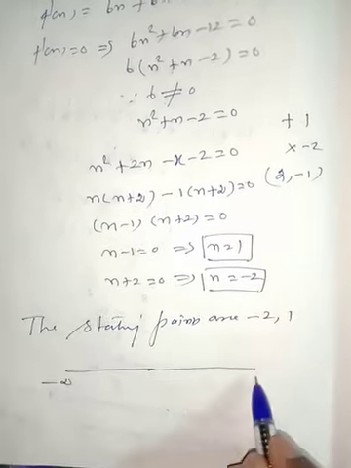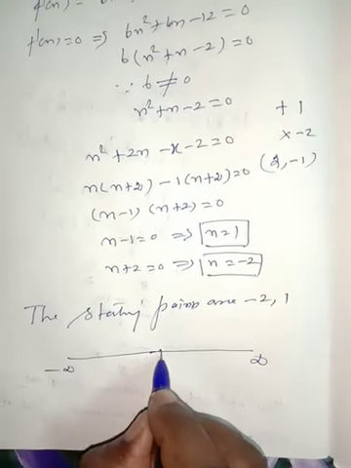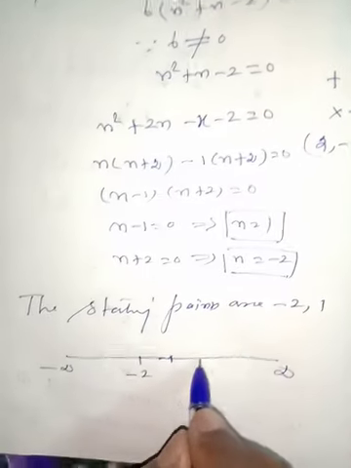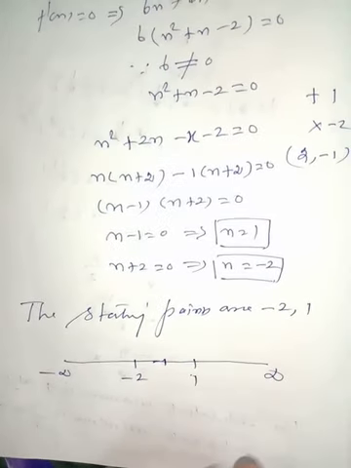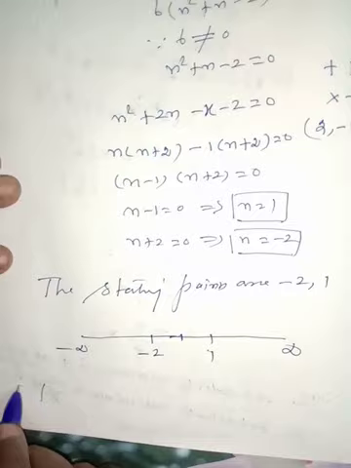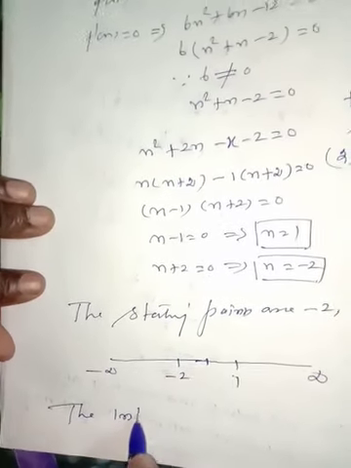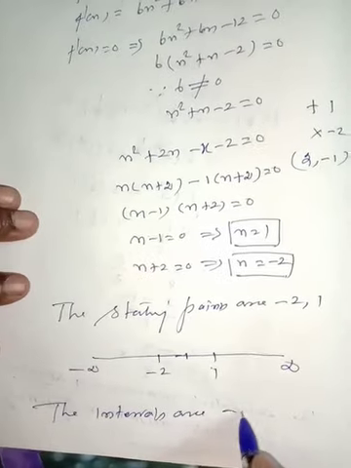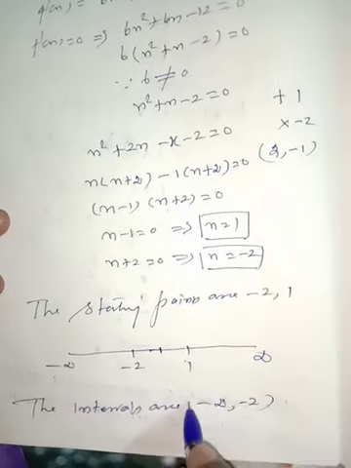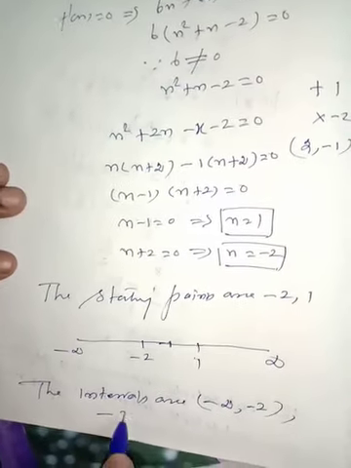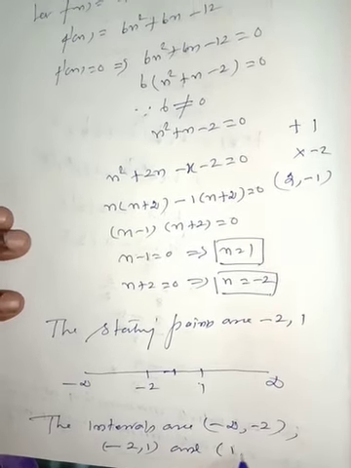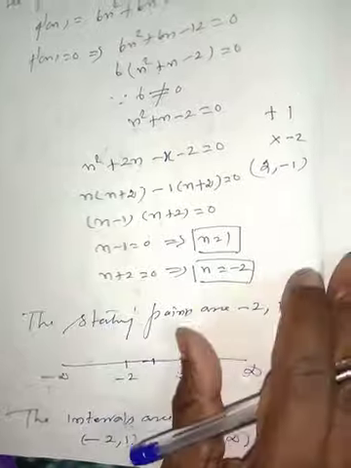Minus infinity, plus infinity, middle is 0, this side minus 2, this side positive 1. The intervals are minus infinity comma minus 2, minus 2 comma positive 1, and 1 comma infinity.